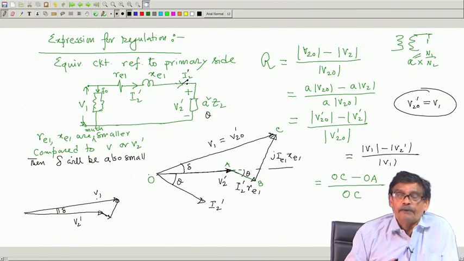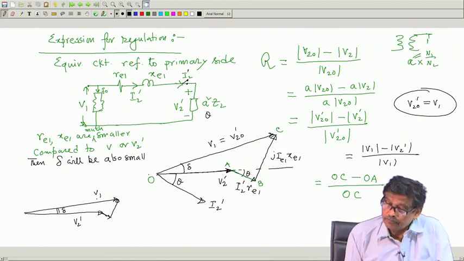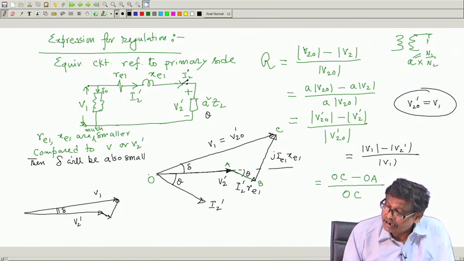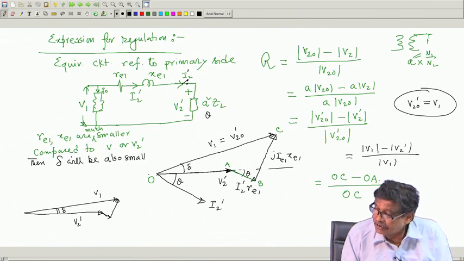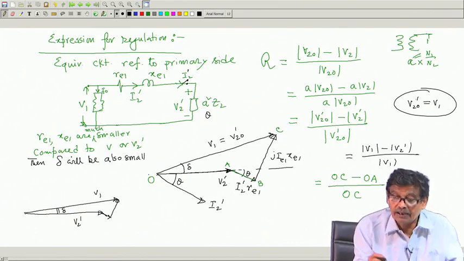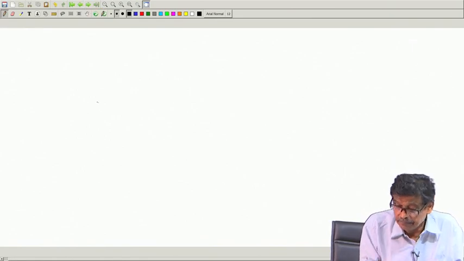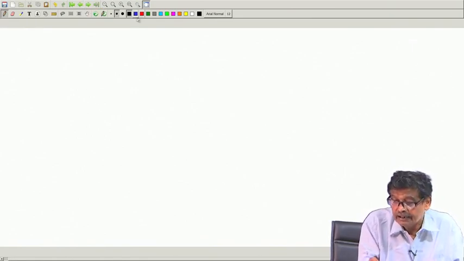So, delta is small. So, keeping this in mind, is it possible then to get the difference between OC and OA? OC and OA, this difference. So, I will now go to next page and start with this phasor diagram rather neatly.